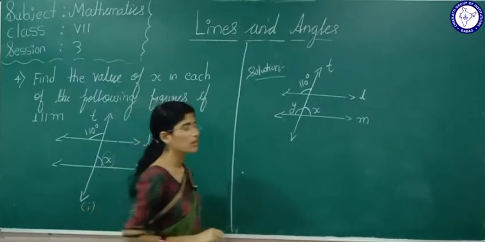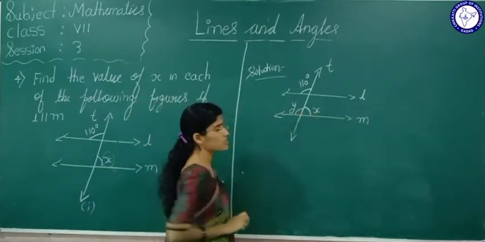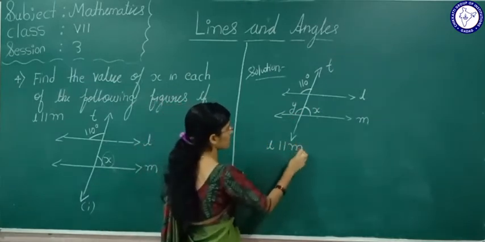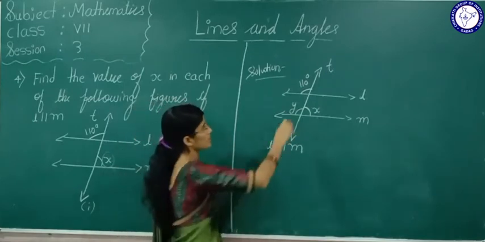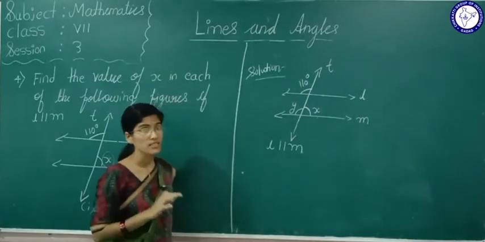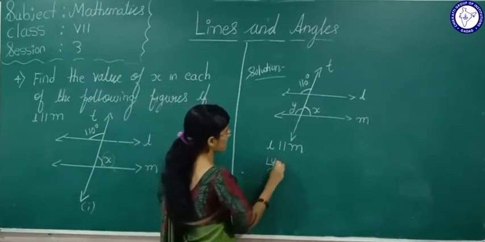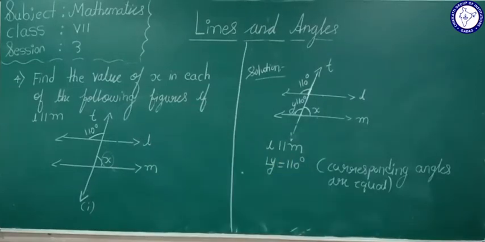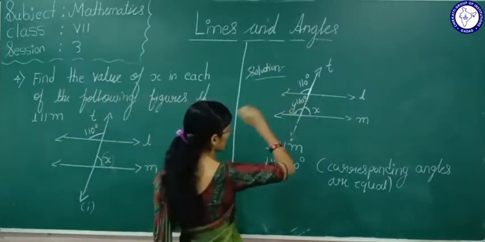If L is parallel to M and T is a transversal, definitely we know that corresponding angles are equal. Yes or no? That is, angle y is equal to 110 degrees.